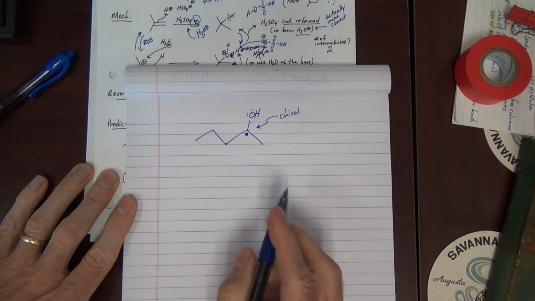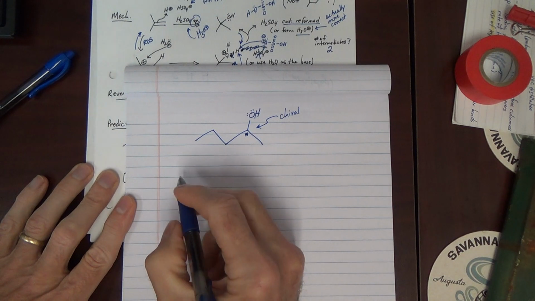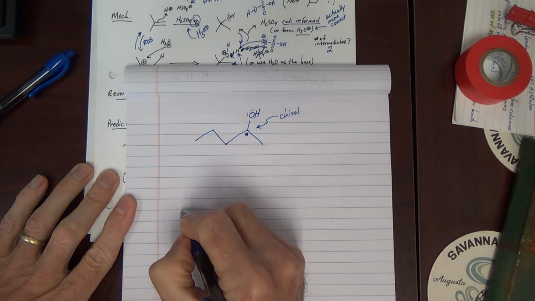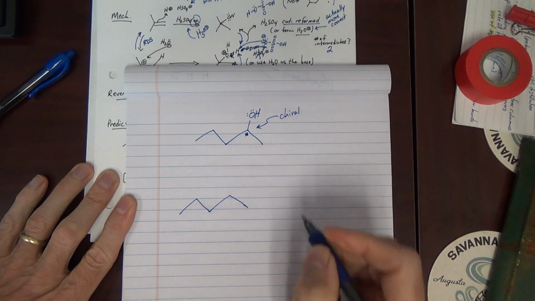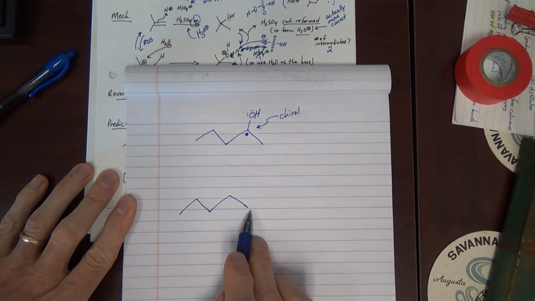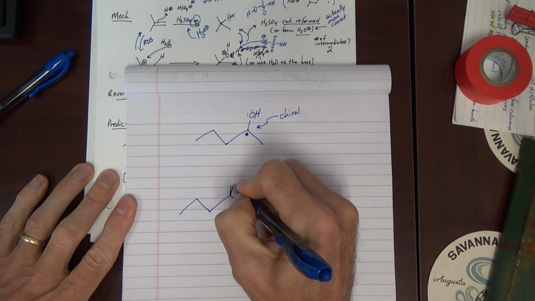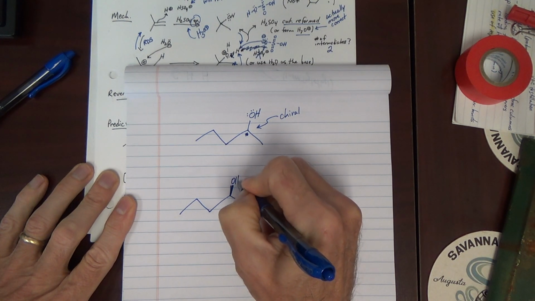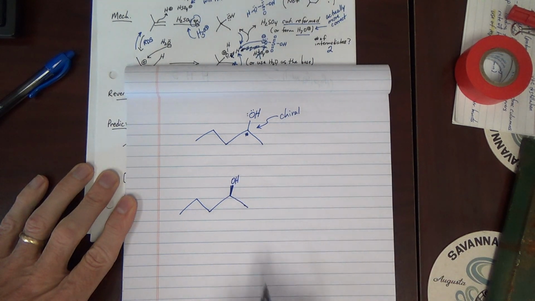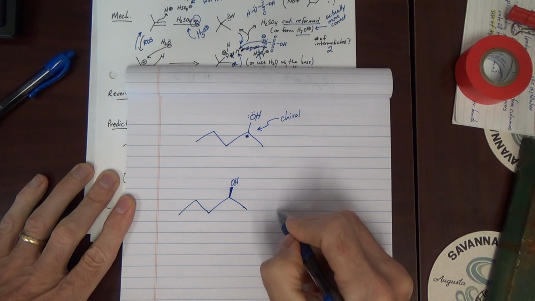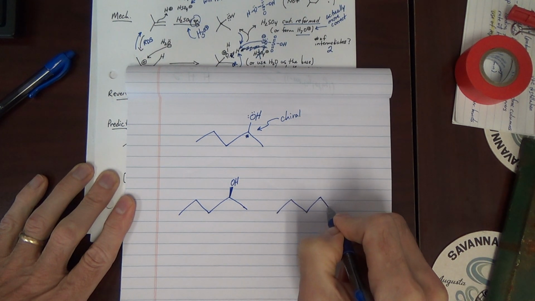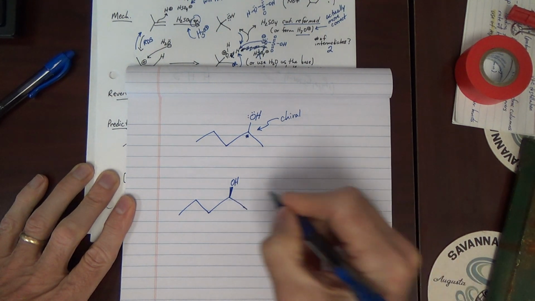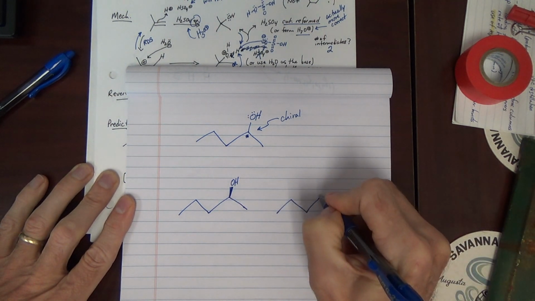Let's show this. I think the best way is for me to just show you the two forms and then explain how we got them. That's a tetrahedral carbon, two in the plane, one forward. I'm going to put the OH forward, okay, and then one back, but back is an H. But we could also have the OH back.